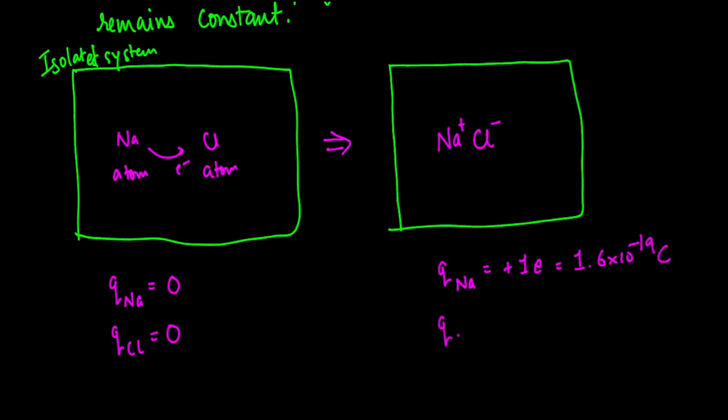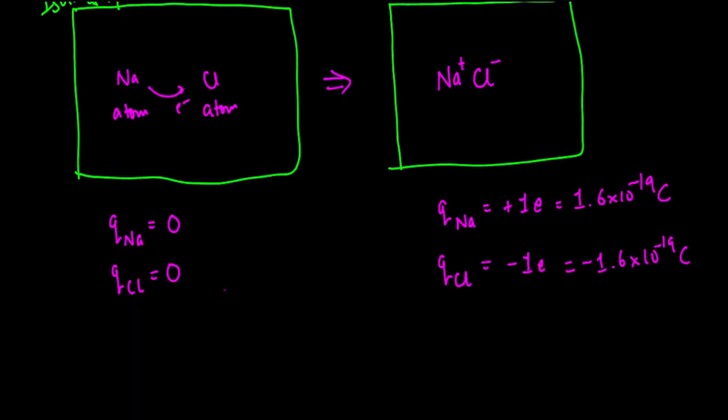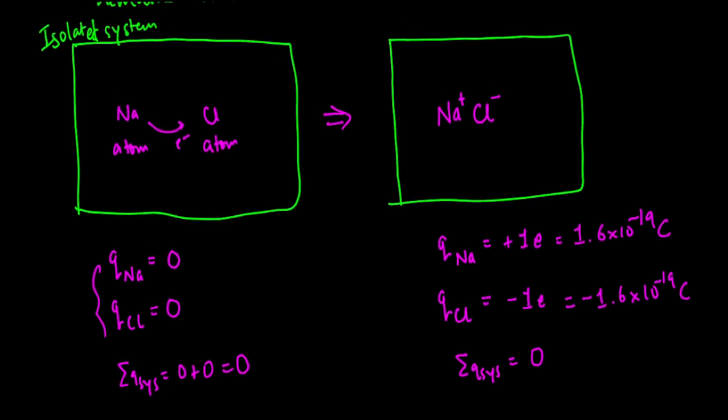On the other hand, the charge on chlorine will be minus 1e, that is minus 1.6 into 10 raised to minus 19 coulomb. Initially the total charge on this system is 0 plus 0, that is 0, and finally also the total charge on the system is 0. You can see the charges cancel each other out.